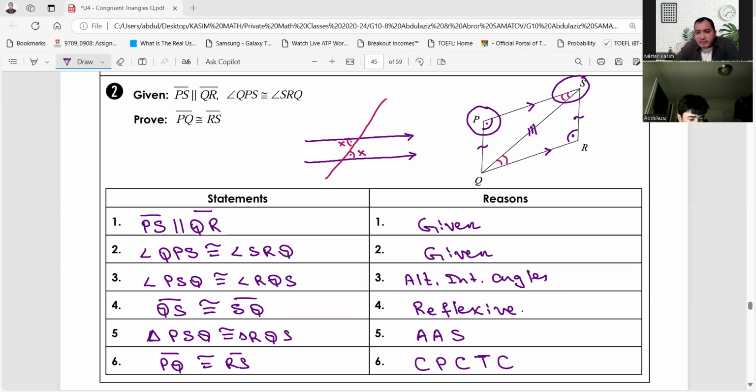Thus this AD and DC is given, and this DE is congruent to DE is the reflexive property.